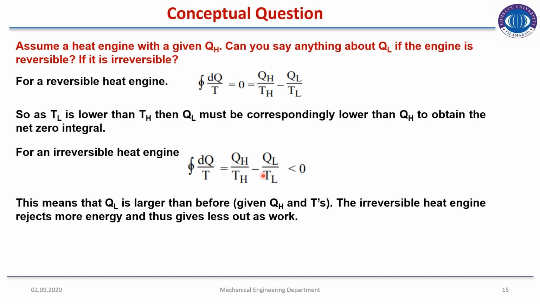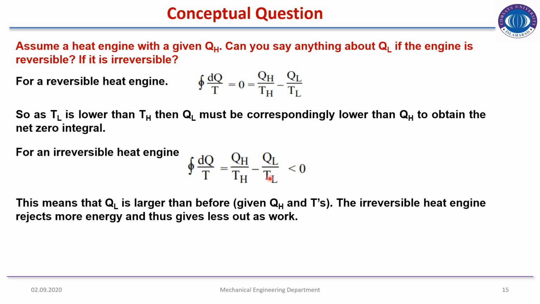So this means that QL is larger than before for given QH and TH. Let's suppose the ratio of QH over TH is 3, and then QL over TL will also be 3 for the reversible process.